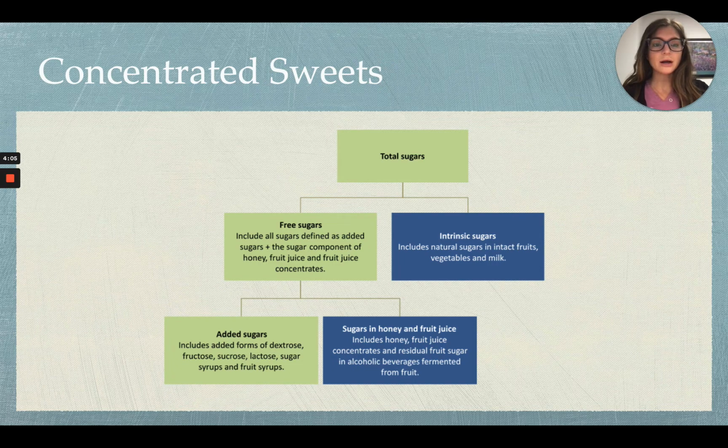Those food items have sugars added to them, which increases the sugar concentration. And then we have naturally occurring sugars that are found in honey, fruit juice concentrates, residual fruit sugar, and also in alcoholic beverages that are fermented from fruit.